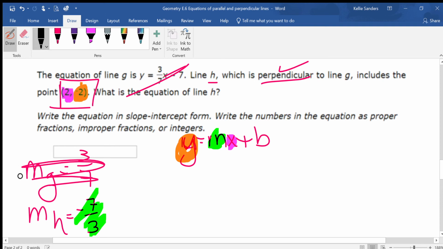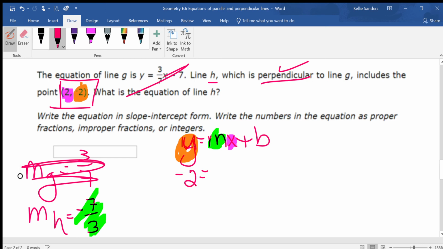Here's our x. So what's y? Negative 2. M, negative 7 over 3. X, 2. Oh, y'all aren't going to like this one.